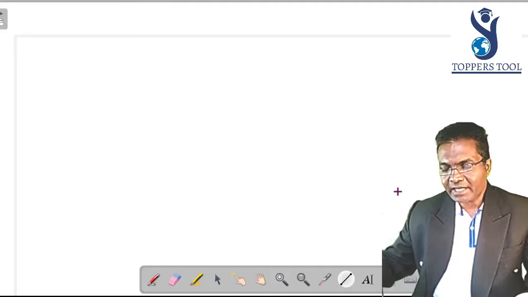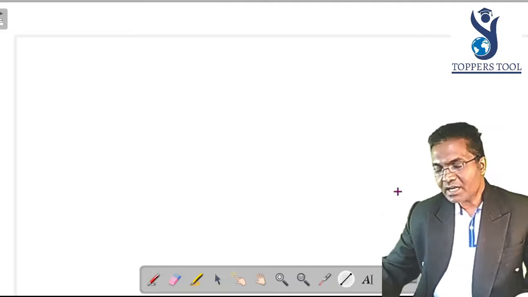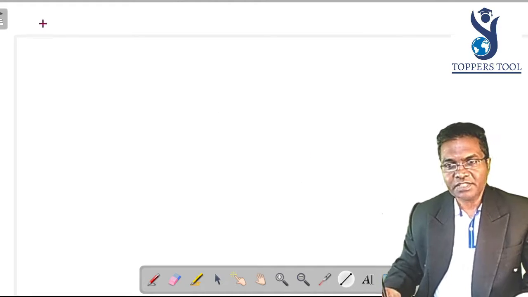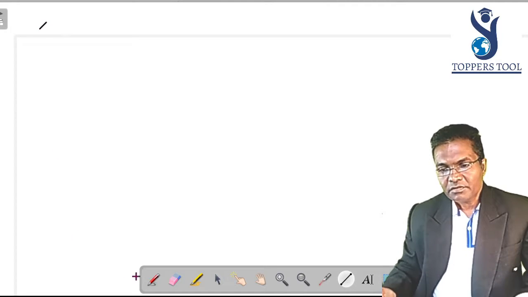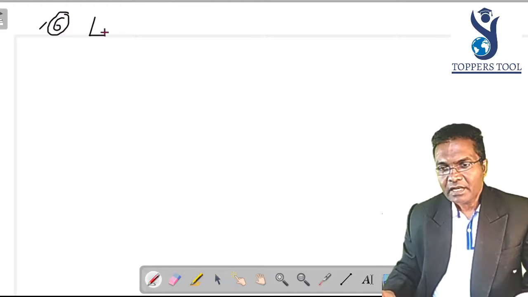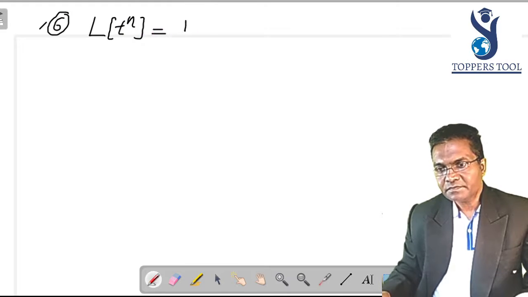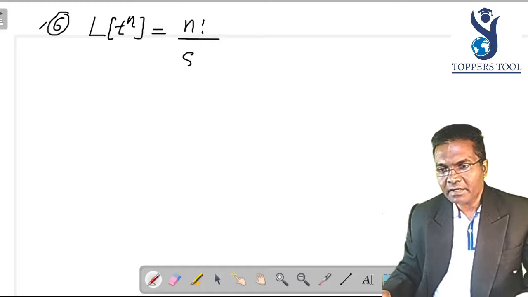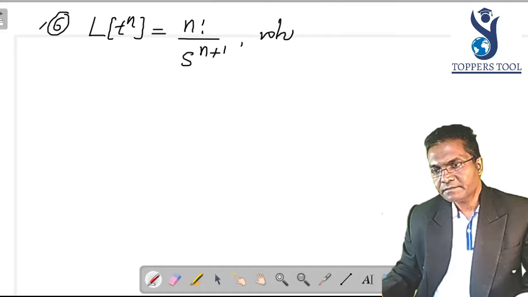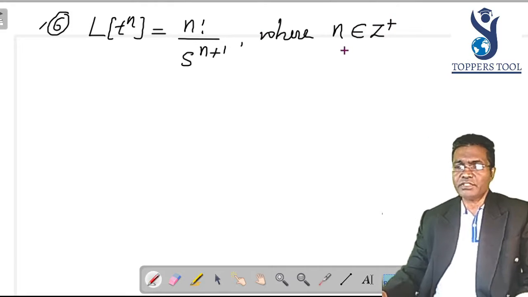In the last class I derived some of the common Laplace transform standard results, and here is one more, that is, one of the important ones that could be asked: Laplace transform of t power n is n factorial by s power n plus 1, where n is a positive integer, that is n can be 1, 2, 3, and so on.